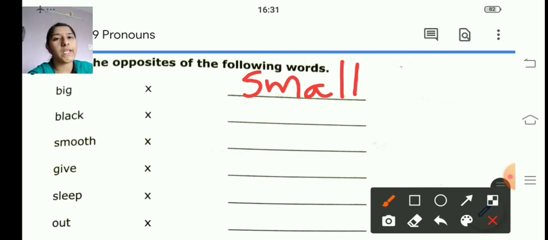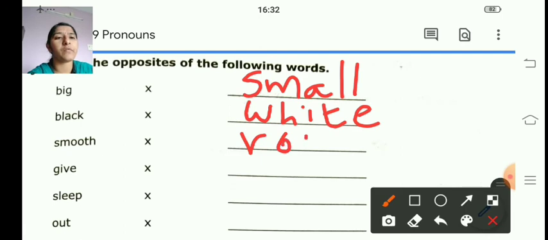The second one, B-L-A-C-K, black. Black, opposite will be white. The next one, smooth. Smooth, it is very soft. So the opposite will be rough. Smooth, the opposite will be rough, right?